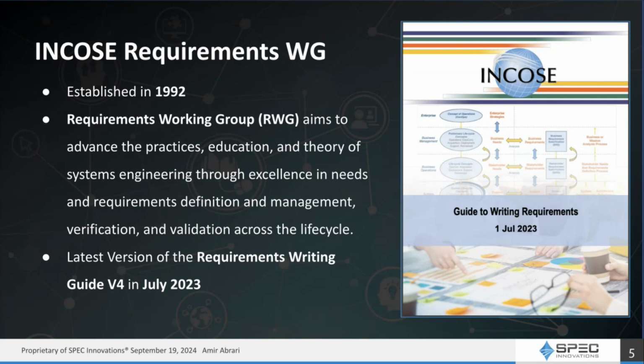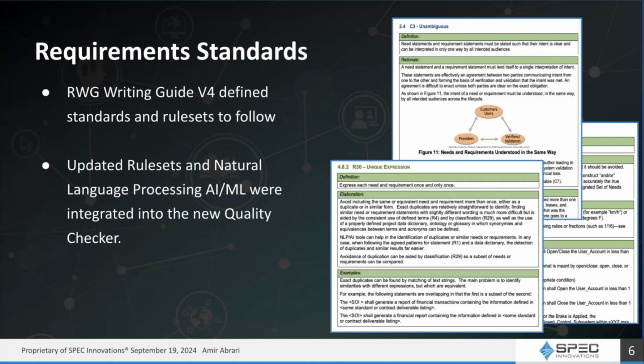As soon as this writing guide was introduced, we decided to take on the task of looking into it and seeing how they dealt with requirements. Soon we learned and were able to connect the requirements writing guide to our platform and enhance our quality checker as a result.